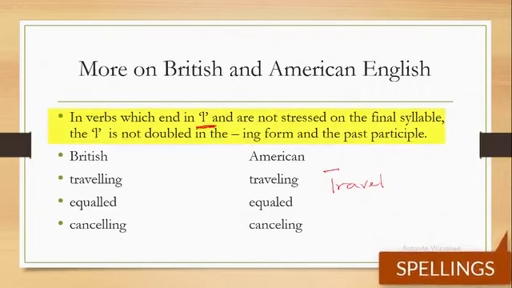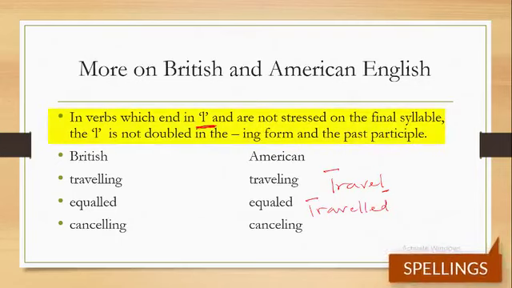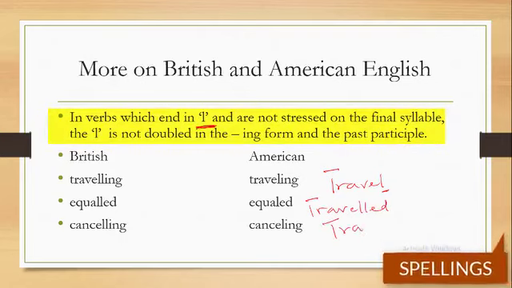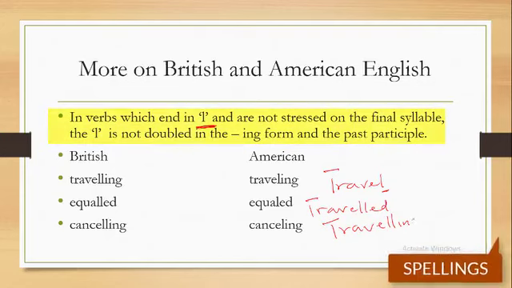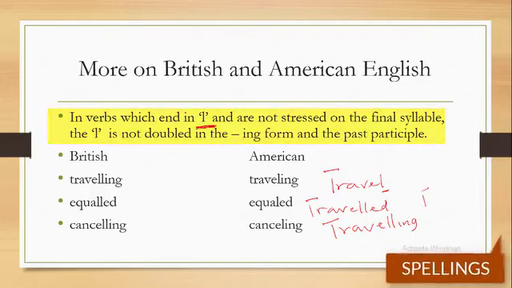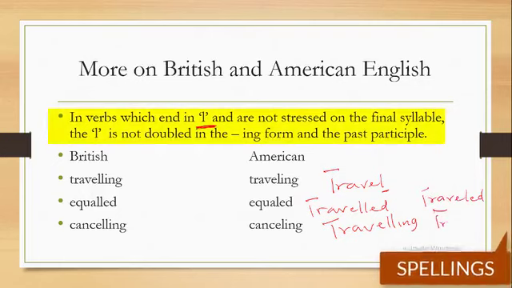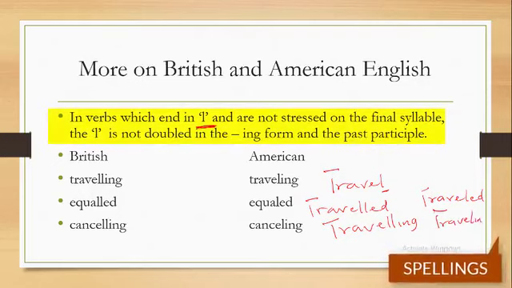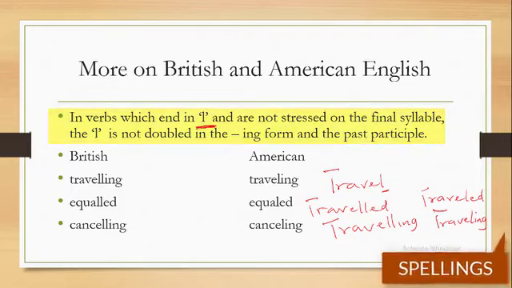You can see that it ends with what? An L. So if you're going to take this to the past tense, it becomes travelled. But if you're going to take it to the present continuous tense, it becomes travelling. Okay, in British English. But in American English, it is spelled as traveled with a single L and traveling with a single L. So that's another difference between the British English and American English.